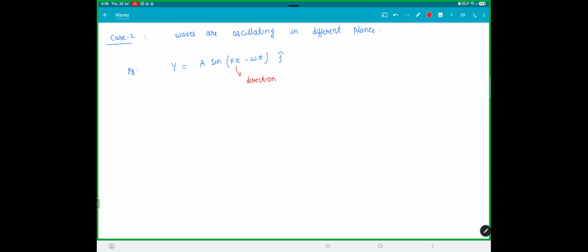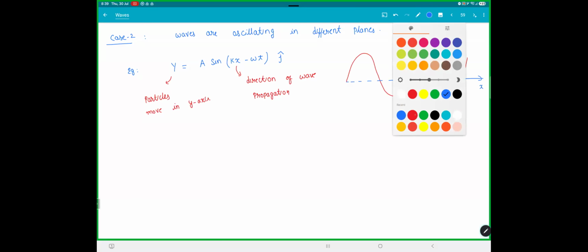So the wave is traveling in the x-axis, but the particles are oscillating in the y-axis. Meaning they would look something of this sort. If you take a photograph of the wave, this is how the wave will look. This is your x-axis and this was your y-axis.